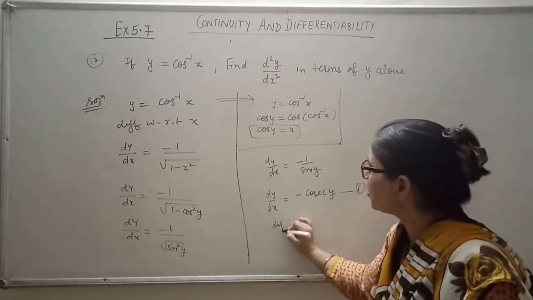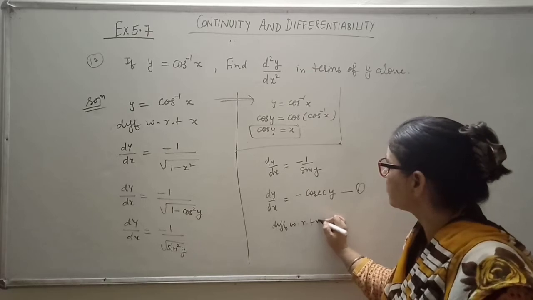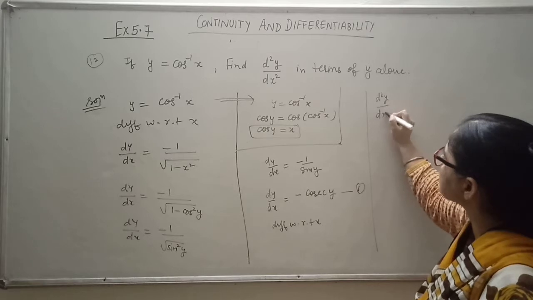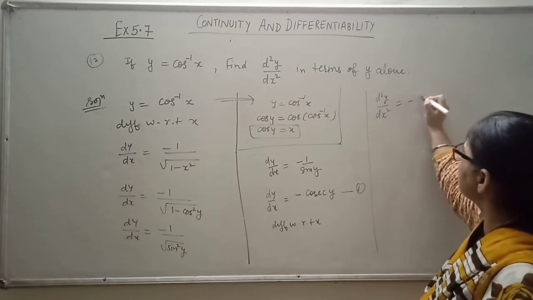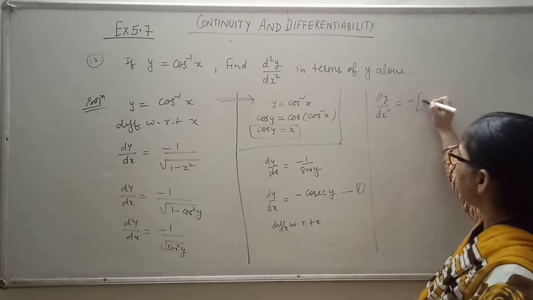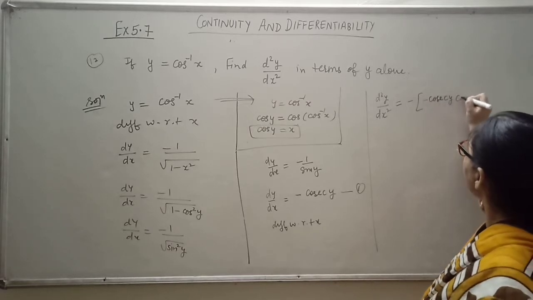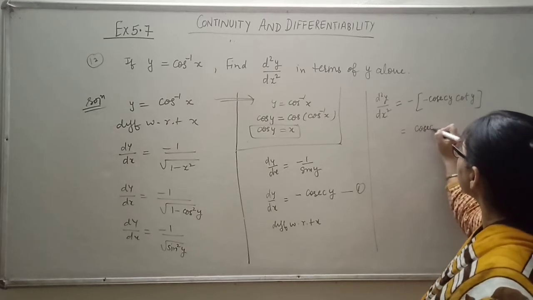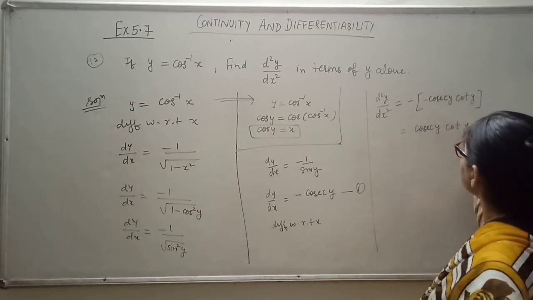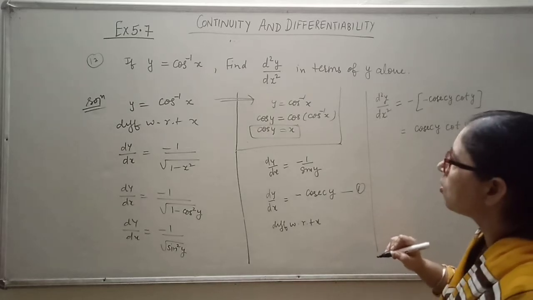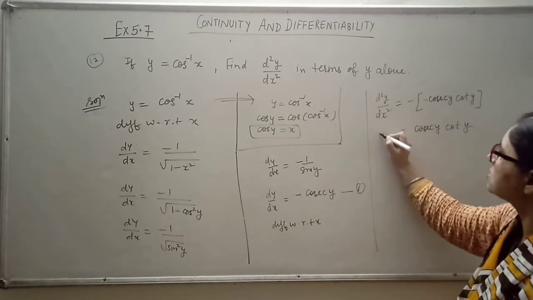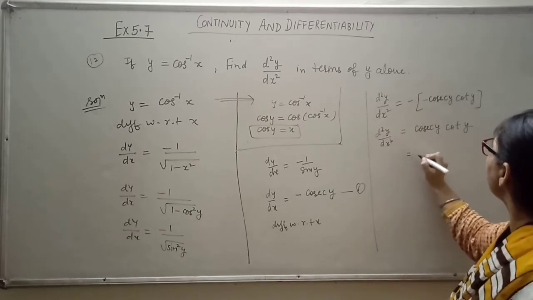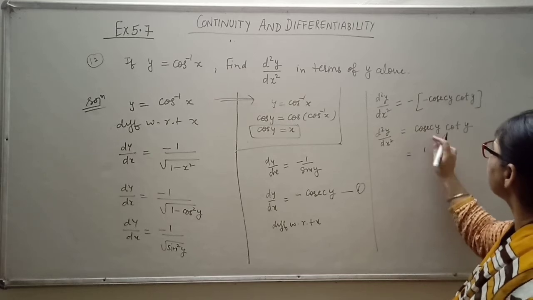Now again differentiate it with respect to x. Then d square y upon dx square is equal to the derivative of minus cosec y, which is minus cosec y cot y. So it becomes cosec y cot y. This is your second order derivative in terms of y only.